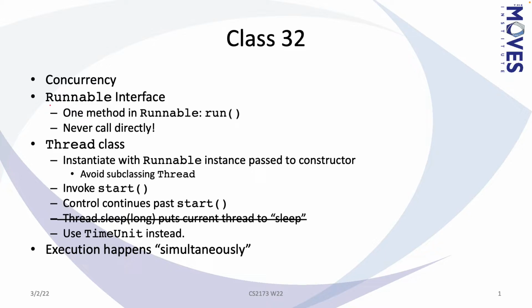One is something called the Runnable interface. Now, you know what an interface is. What does an interface do? An interface is something which demands that you implement a certain set of methods. So the Runnable interface has one method, and it's called run, lowercase.